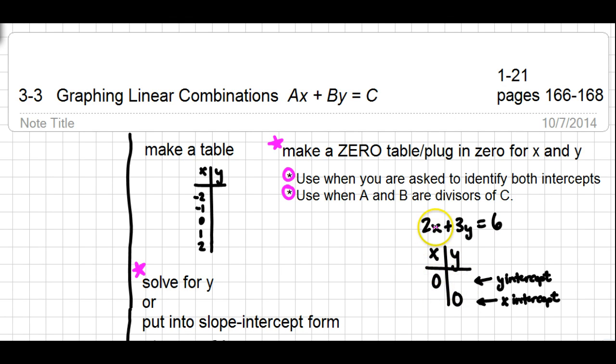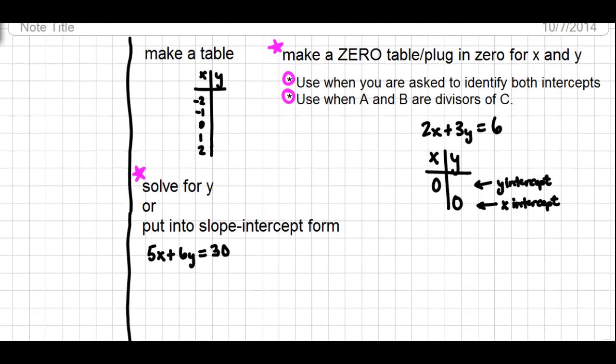If I plug in 0 for x into the equation, I'm going to have 2 times 0 plus 3y equals 6. Hopefully students know and are comfortable with the idea that 2 times 0 is simply 0.